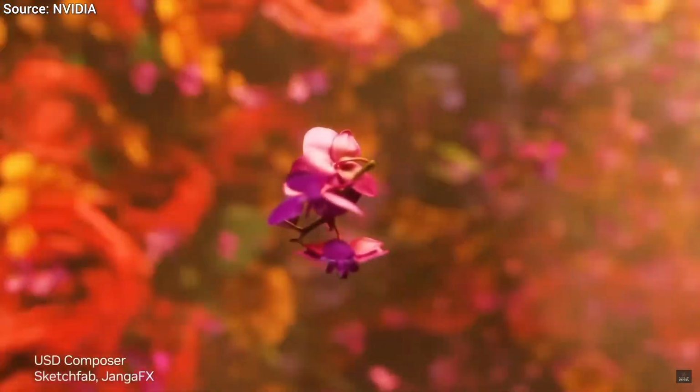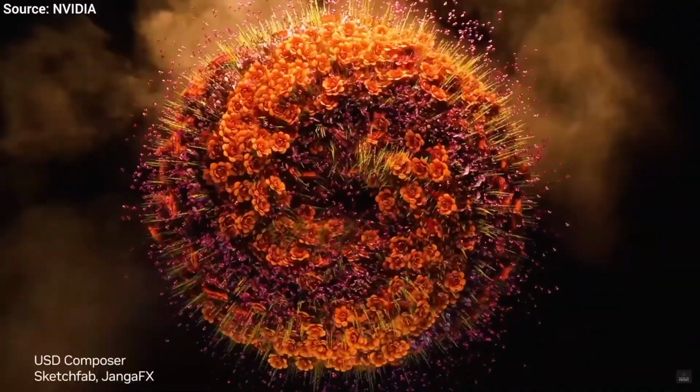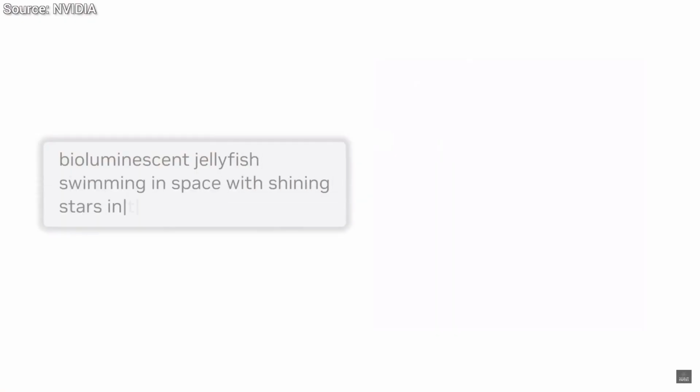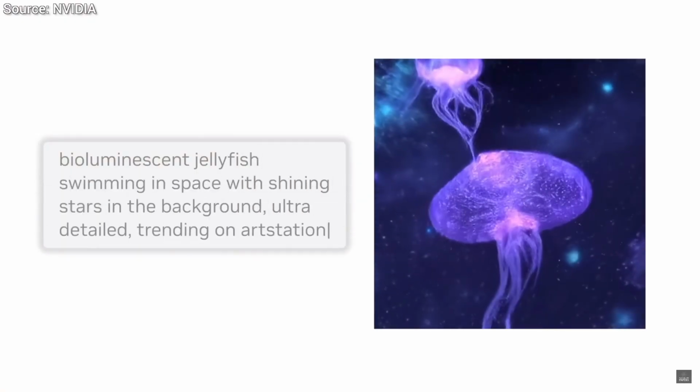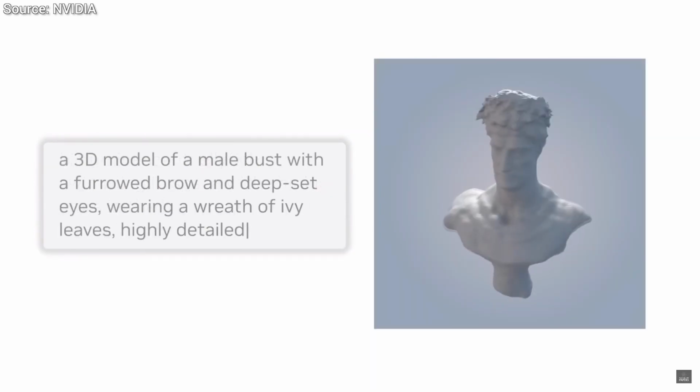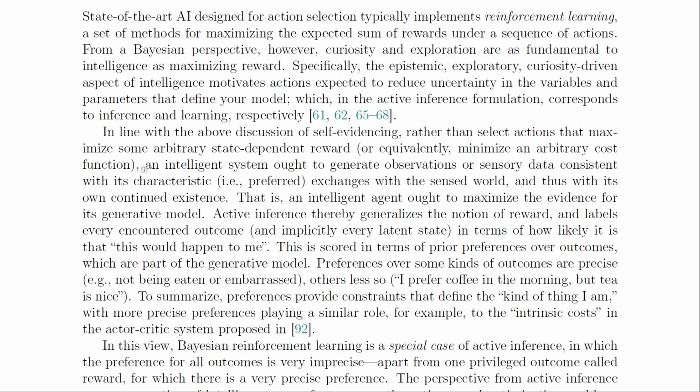In line with the above discussion of self-evidencing, rather than select actions that maximize some arbitrary state-dependent reward or, equivalently, minimize an arbitrary cost function, an intelligent system ought to generate observations or sensory data consistent with its characteristic, i.e. preferred, exchanges with the sensed world, and thus with its own continued existence.